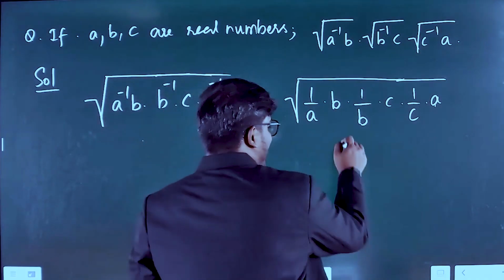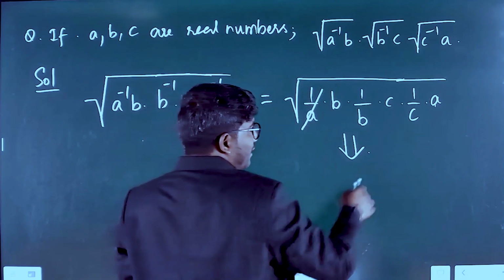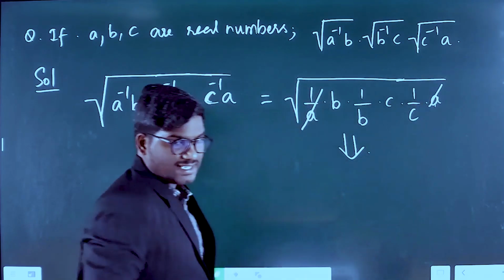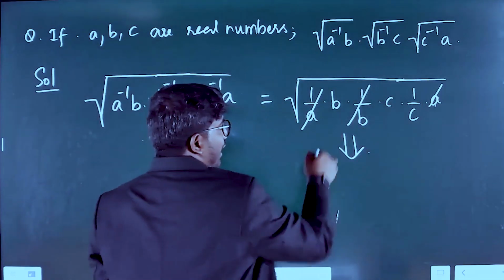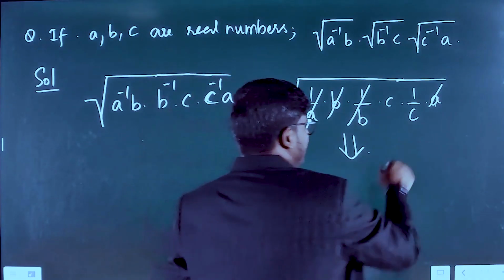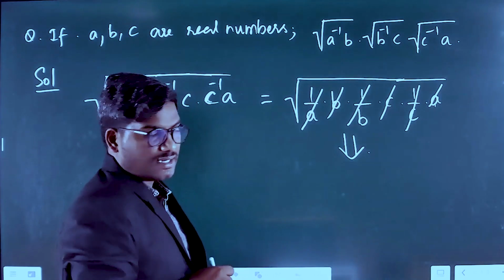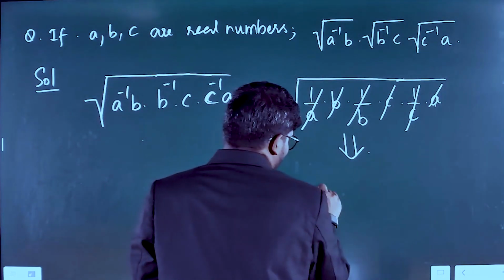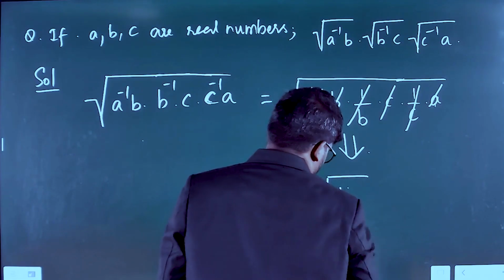Now this will simplify to 1 by a, and a will get cancelled. 1 by b and b shall get cancelled. At the same time, 1 by c and c will get cancelled. So this will become square root 1, which is 1.